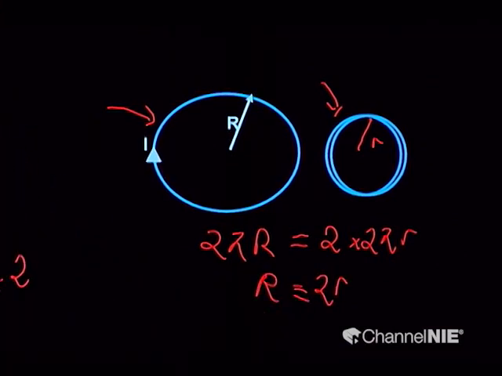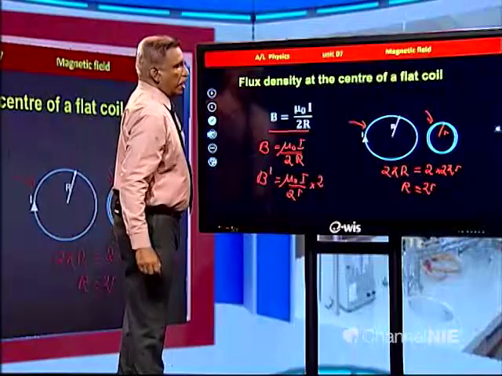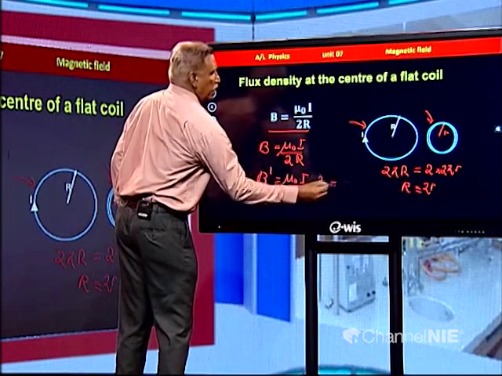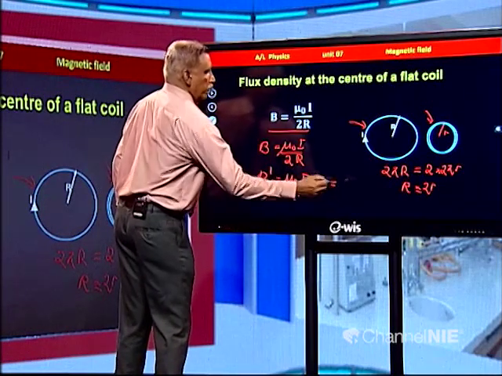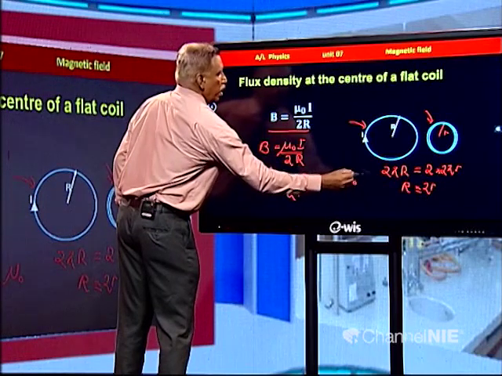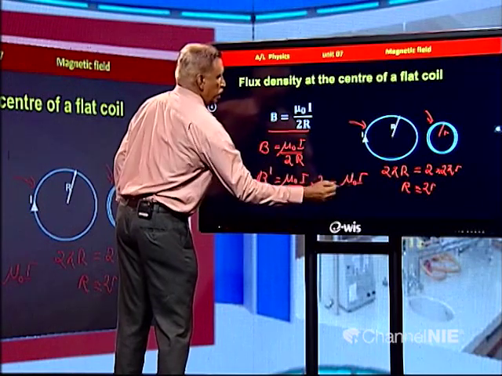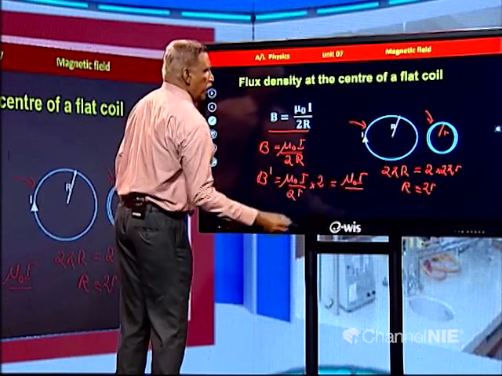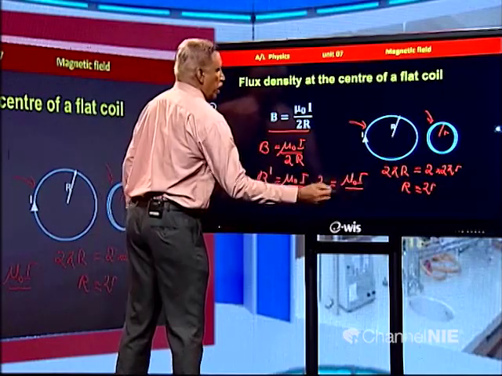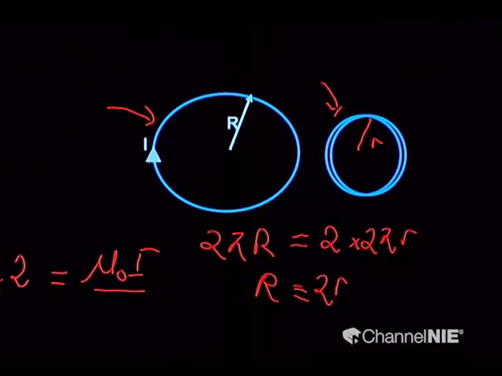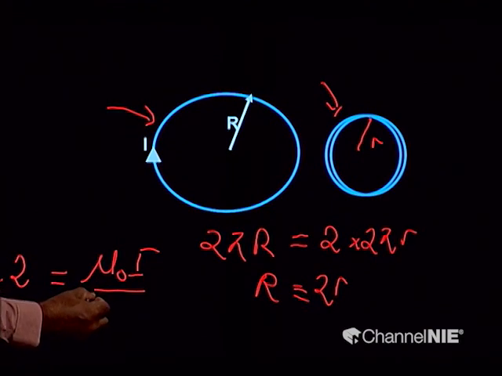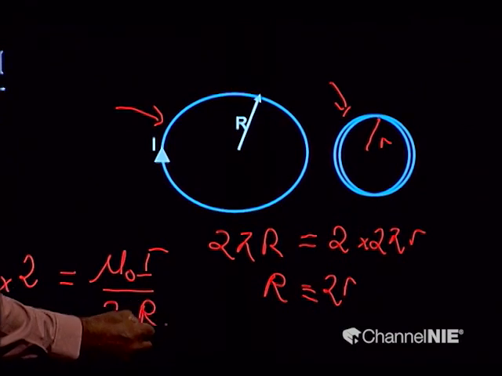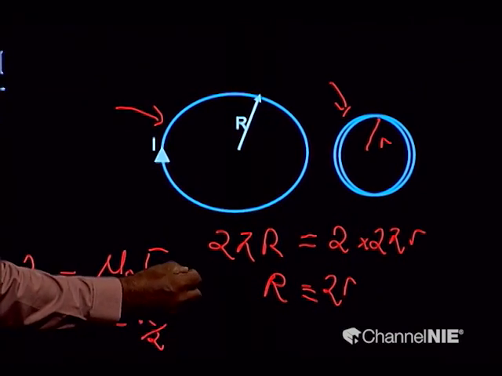Then substitute here. B' = μ₀I/r, where small r is equal to capital R by 2. Therefore, 2 into r is equal to R by 2 into 2.